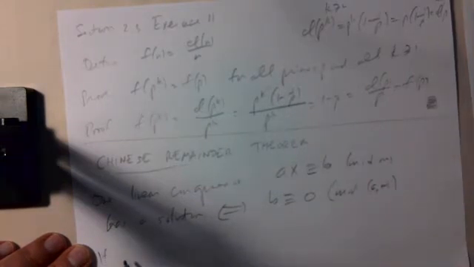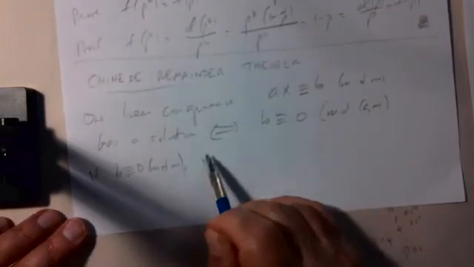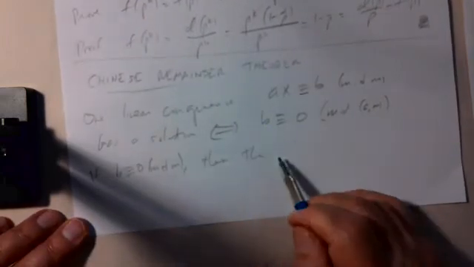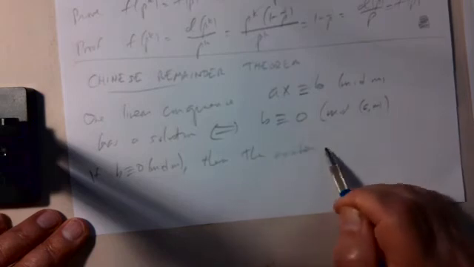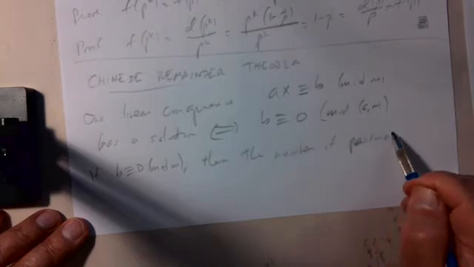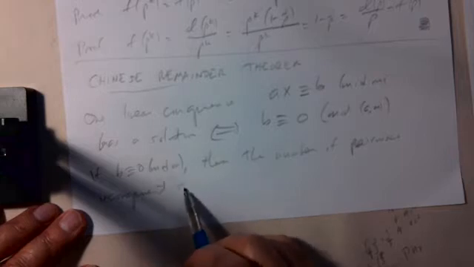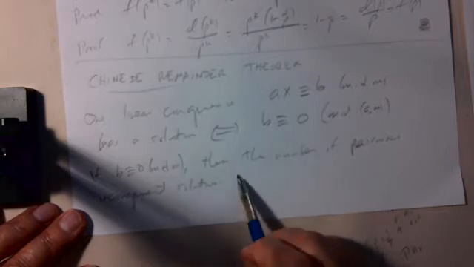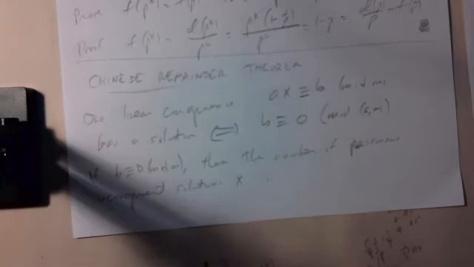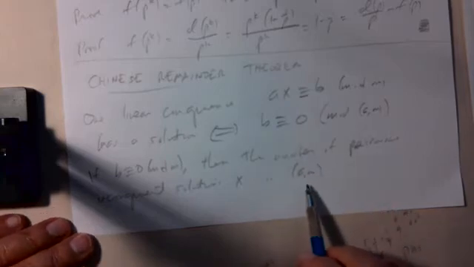And if b is congruent to 0 mod the greatest common divisor, then the number of pairwise incongruent solutions x is exactly this greatest common divisor of a and m.